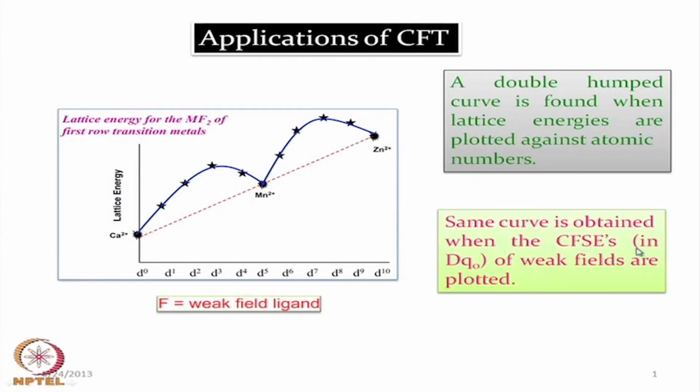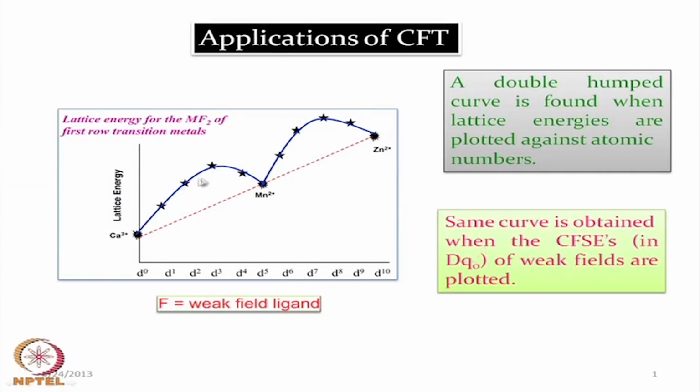We have the CFSEs we have calculated so far for both the high spin and the low spin configurations. So, the same values in terms of Dq octahedral, not Dq tetrahedral, because it is giving us only octahedral geometry. In that octahedral geometry, if we plot these CFSEs, we will be getting the same double humped curve.